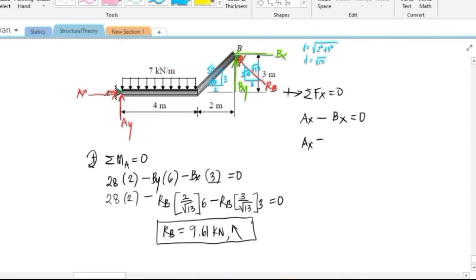So AX minus BX is just the RB which is 9.61 multiplied by the component. So, x component natin is 3 over the diagonal square root of 13 is equal to 0. Then, that would give us AX equal to 8 kilonewton. So, positive, tama yung direction natin that AX is directed to the right.